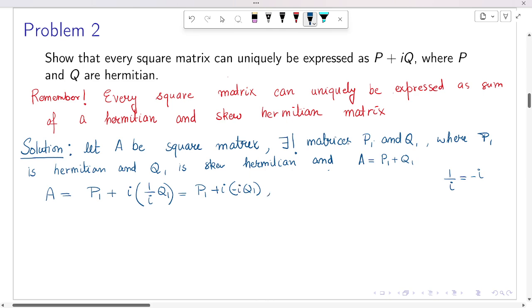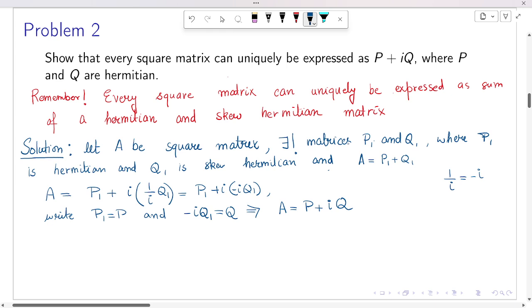Now write P1 as P and minus iota Q1 as Q. By writing so, we have written A as P plus iota Q.